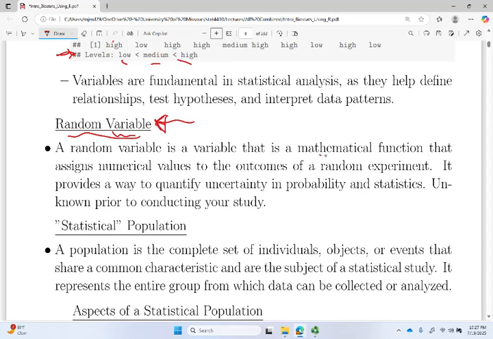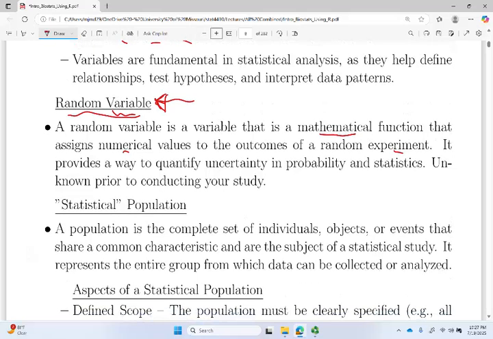That definition is okay when you're first learning statistics, but technically a random variable is a mathematical function that assigns a numerical value to the outcome of the experiment. For example, if we're rolling a die and we want to observe the outcome of the top side and write it down, we're counting the number of pips. So nothing in there is numerical.